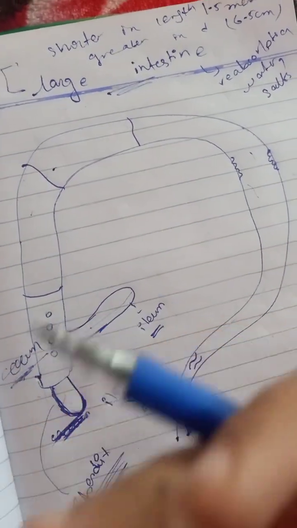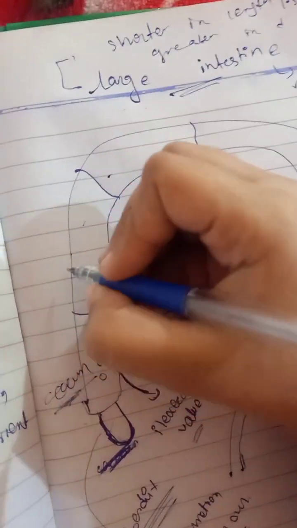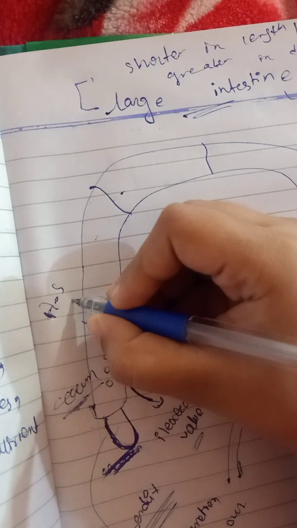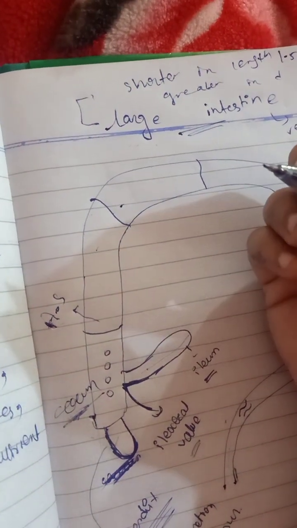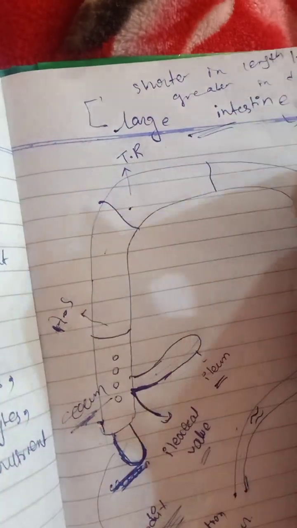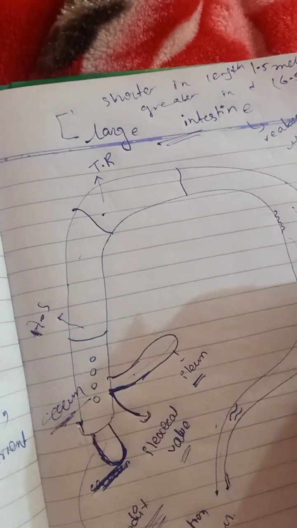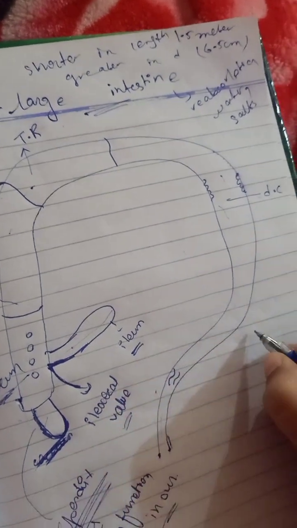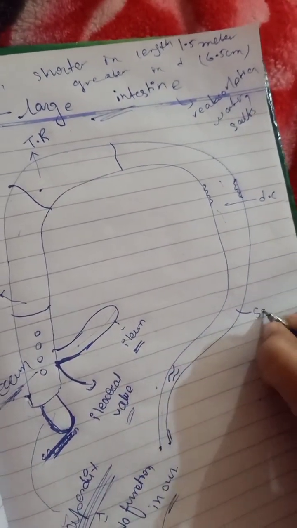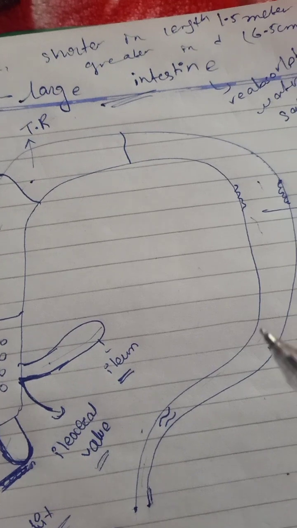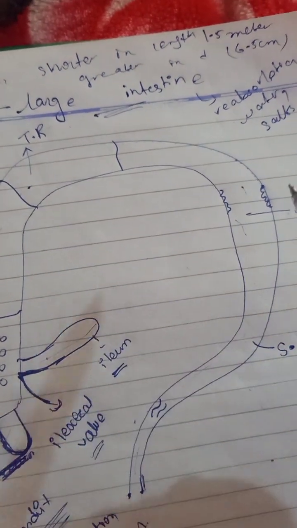It consists of the ascending colon, the transverse colon, the descending colon, and last the sigmoid colon. These are the four parts of the colon: ascending, transverse, descending, and sigmoid.